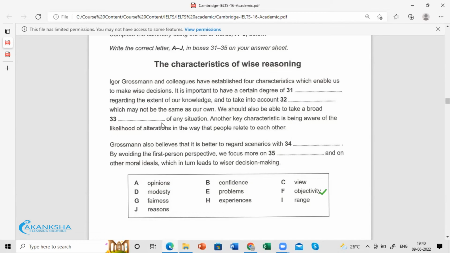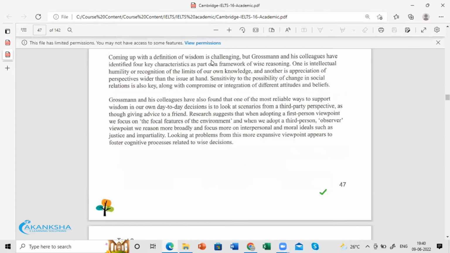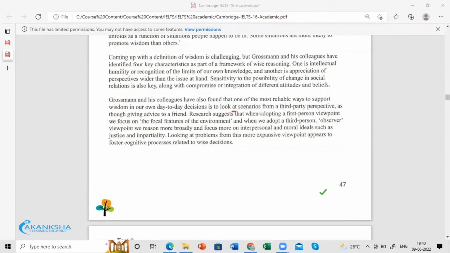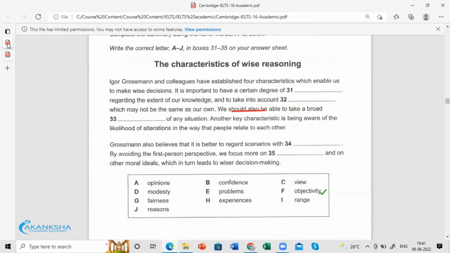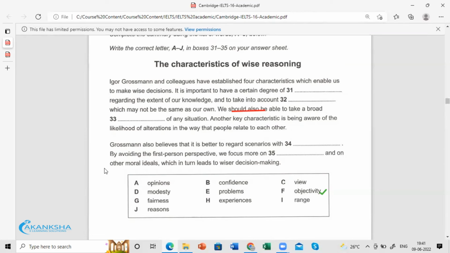So the scenarios word is here, then we can try to connect this one from a third party perspective. It means we have to try to be a little objective when we say third party perspective, being more specific to that.